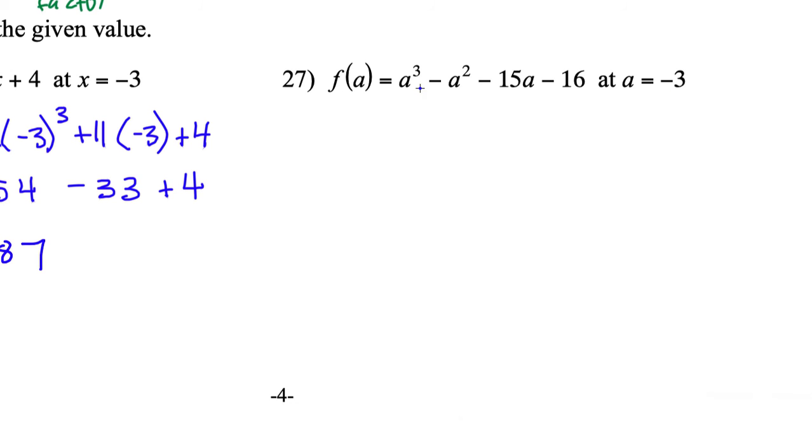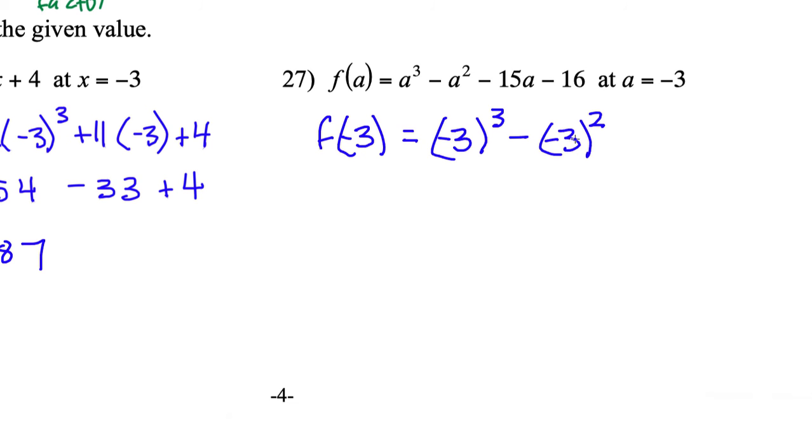This one. All right, so I'm plugging in -3 into each of these a's. So I'm saying f of -3, because even that a I'm plugging into, right? That means I'm finding -3 to the power of 3 minus -3 to the power of 2. And the parentheses here do matter, especially with these negatives. Minus 15 times -3 minus 16.